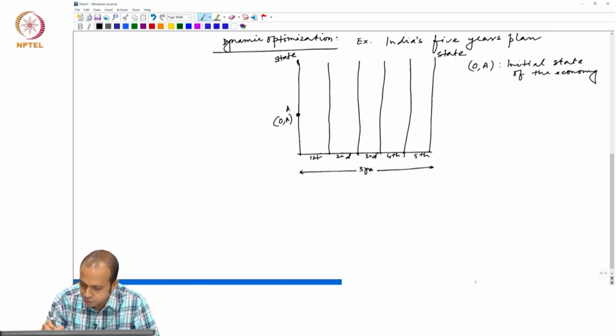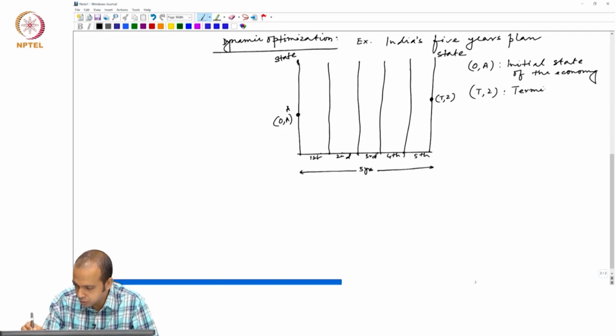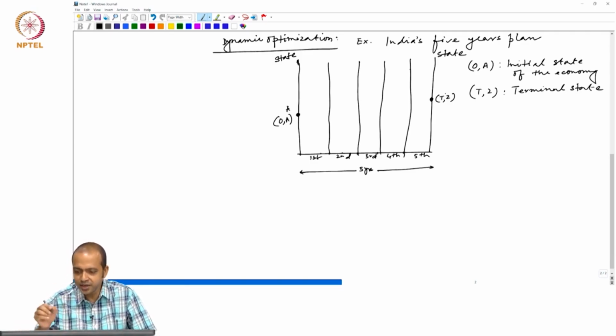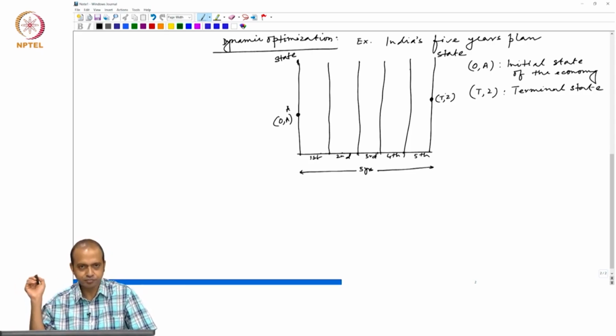And let us say the economy is trying to achieve the point denoted by T Z. T Z indicates the terminal state. T indicates time and Z indicates the capital stock at the terminal state.